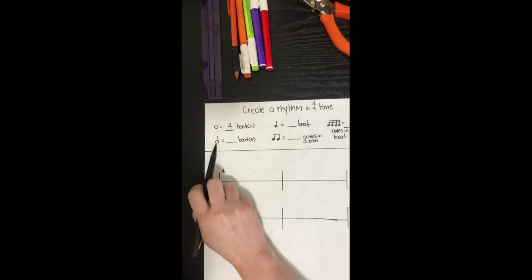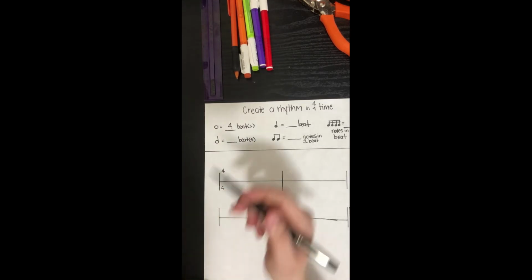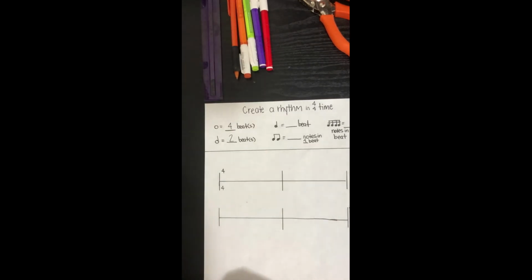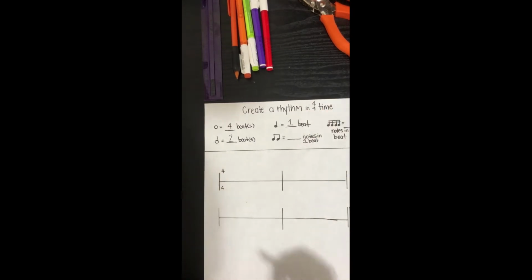A half note gets half of that many beats, so half of 4, a half note gets 2 beats. And a quarter note, it takes 4 quarter notes to make 1 measure, so that means it is equal to 1 beat.